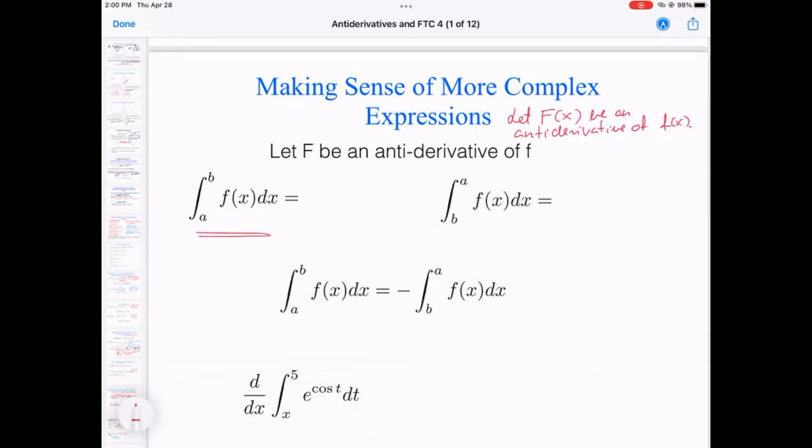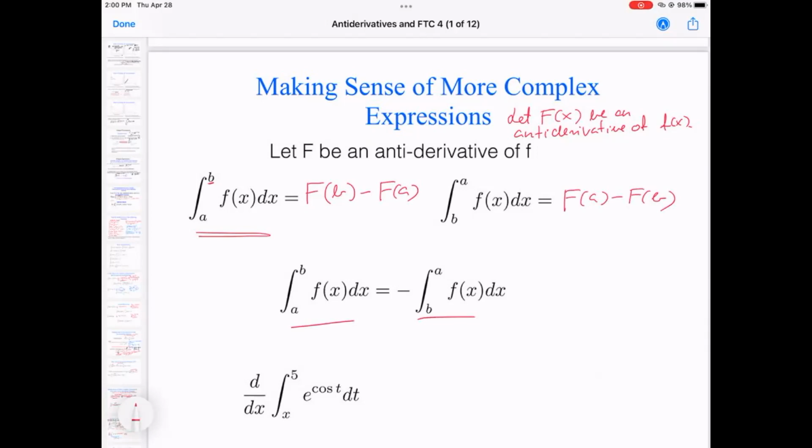So this integral is going to be capital F of the top, F of b minus F of a. And this integral is going to be capital F of a minus F of b, right? So you establish this relationship.